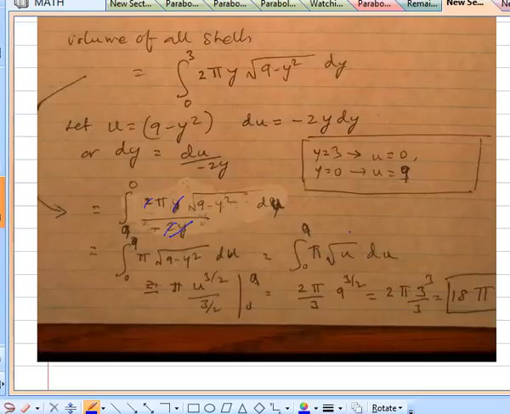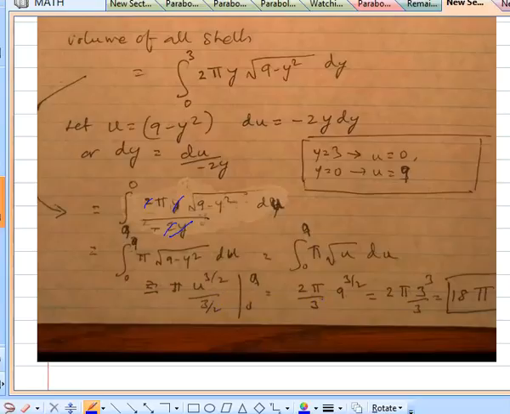u to the power of half. The formula is a straightforward formula for integration. So this is pi times u to the power of 3 over 2 divided by 3 over 2. Dividing by 3 over 2 is the same as multiplying by 2 over 3.